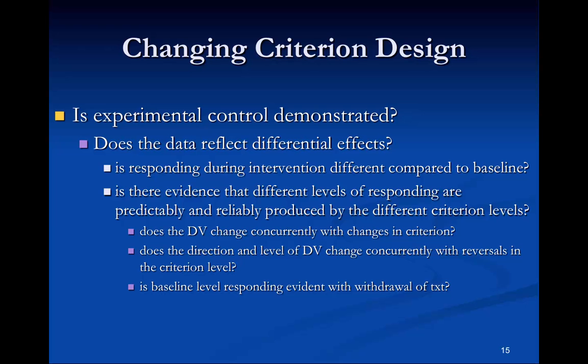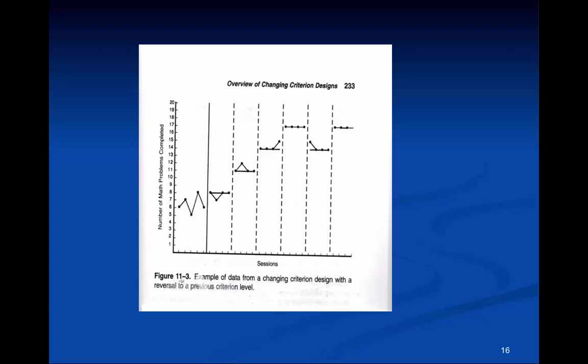And generally, with the data that I've shown, that's true. Some of the real data are a little harder to interpret. Again, I think that's one of the weaknesses of this design, is it really doesn't work so well with decreasing maladaptive behaviors, in my experience.